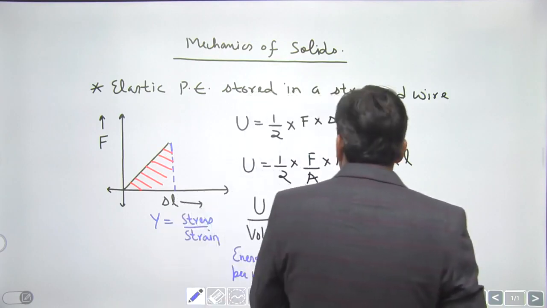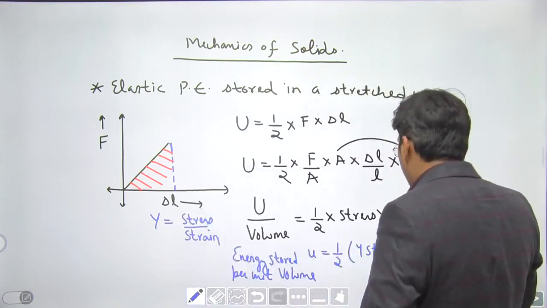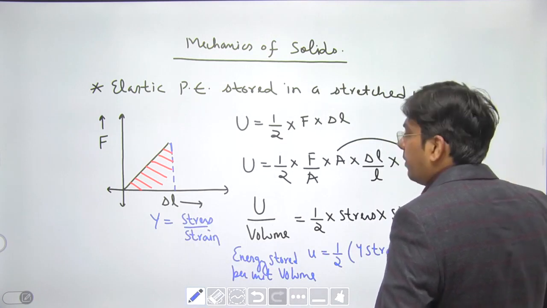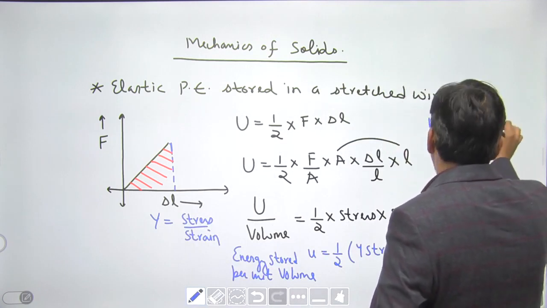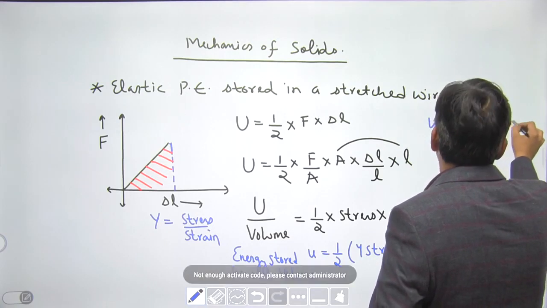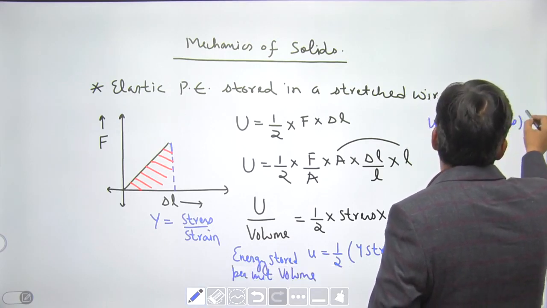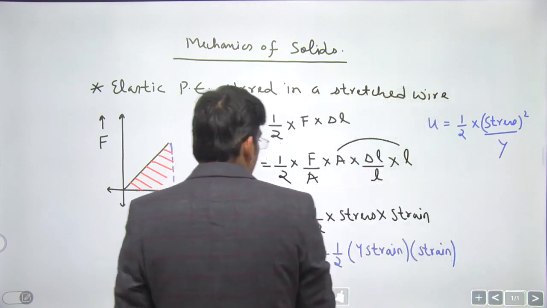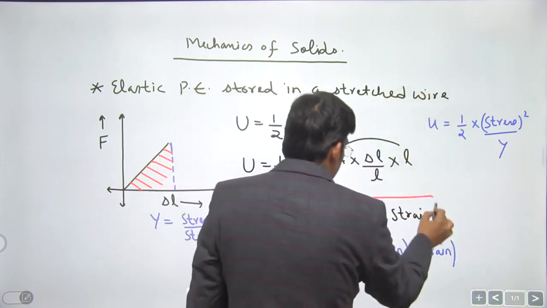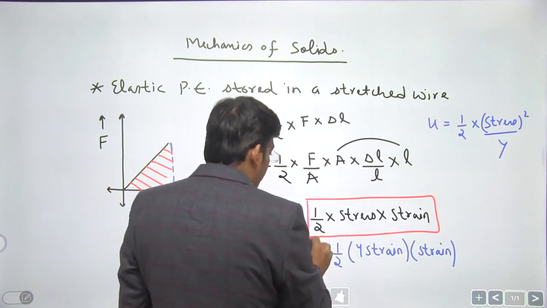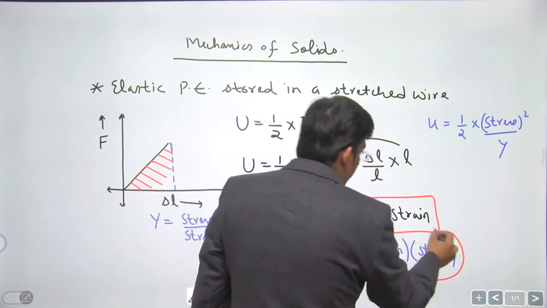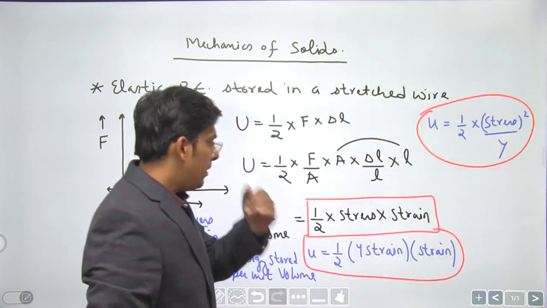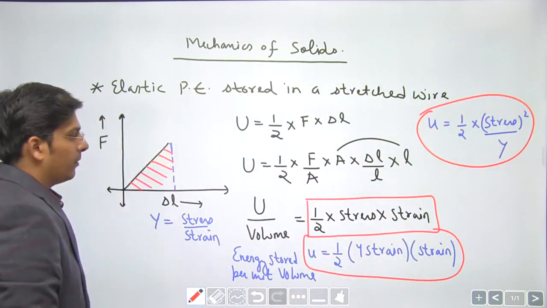This is one of the formulas, and the next one is half, obviously strain is stress by Young's modulus, so this becomes stress squared divided by Young's modulus. Just keep in mind these three formulae: one is half stress into strain, elastic potential energy stored per unit volume, another formula in terms of strain only, and the next formula in terms of stress only. Right, dear students, please note down.